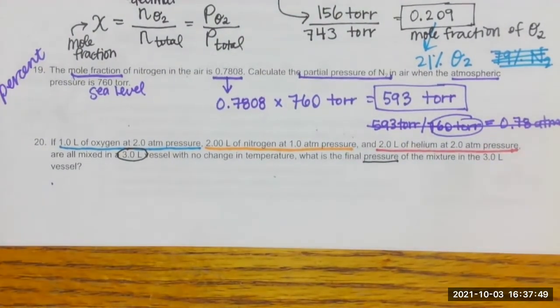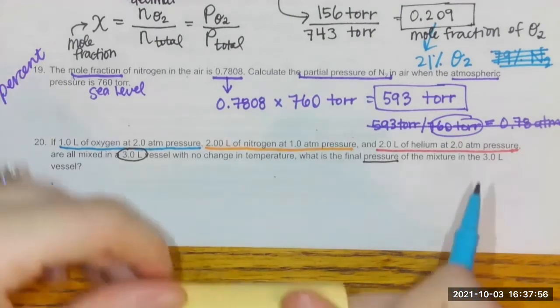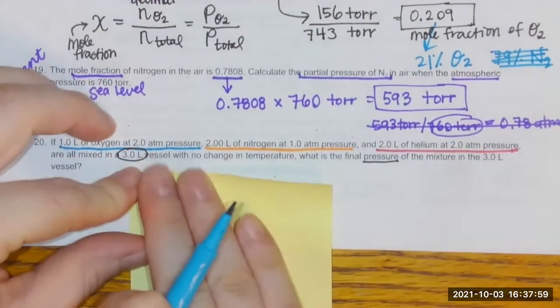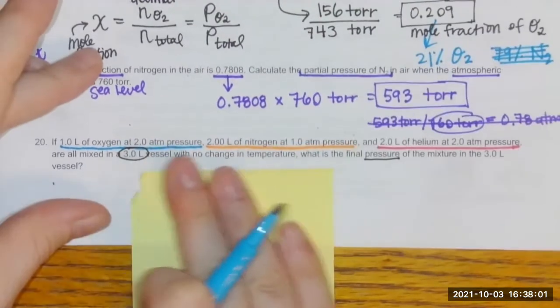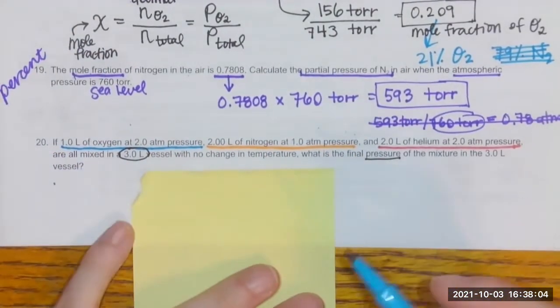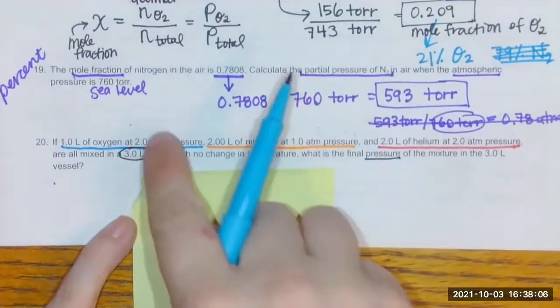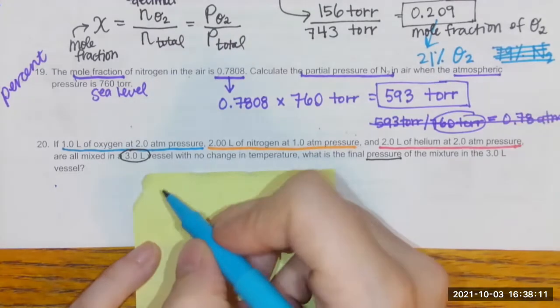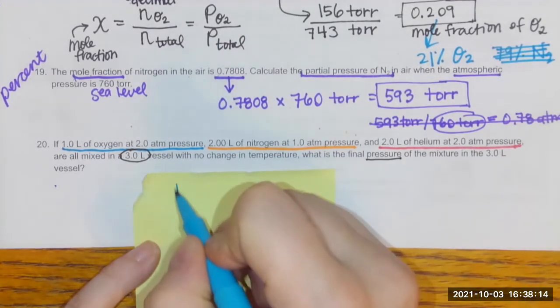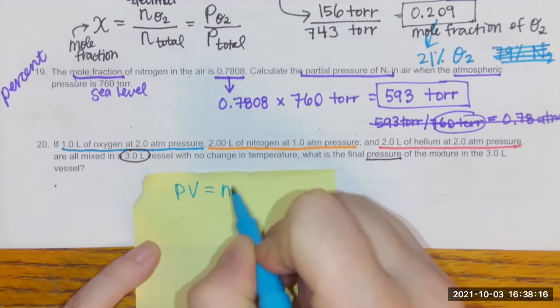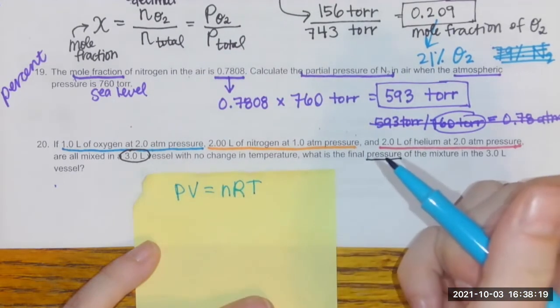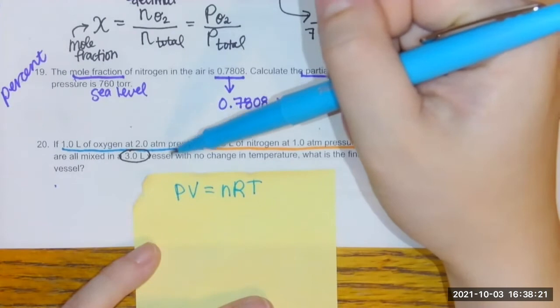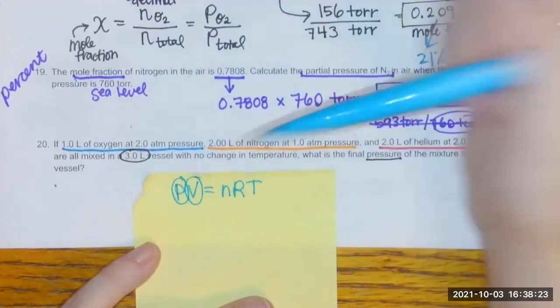So what we can do here is similar to what we did in the other assignments. We're looking at the relationship between pressure and volume. The pressure will change as we squish it into a different container. So let's say we have PV equals nRT, and we're already set up perfectly because we've got pressure and volume on the same side.